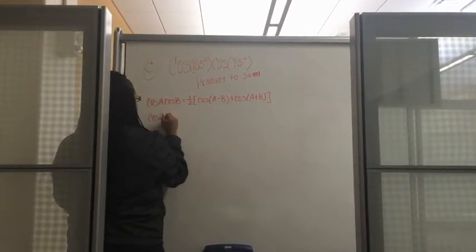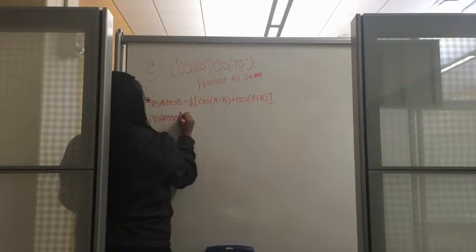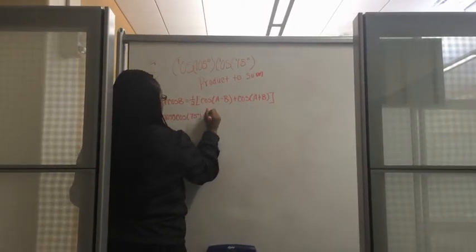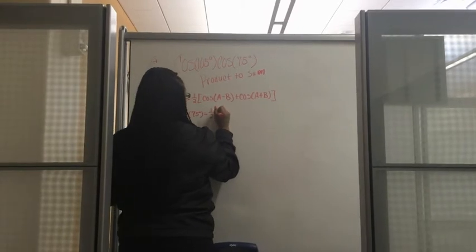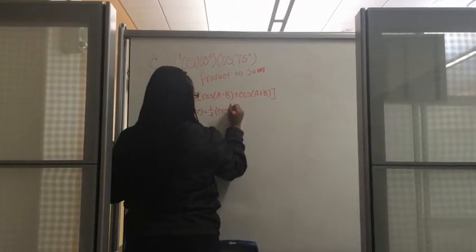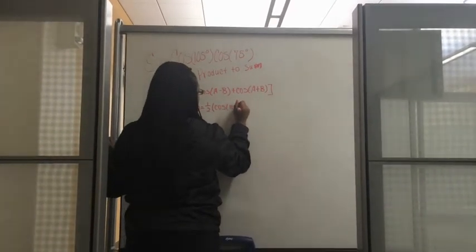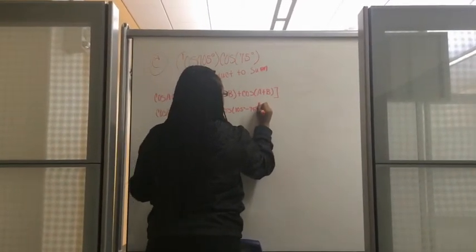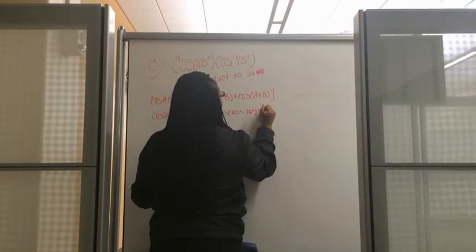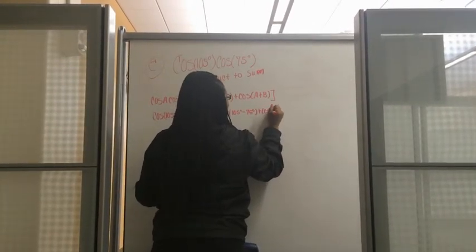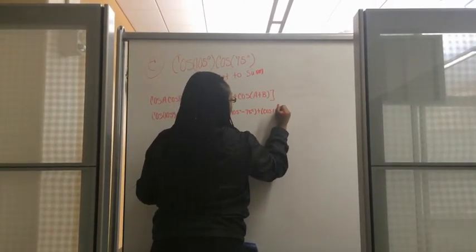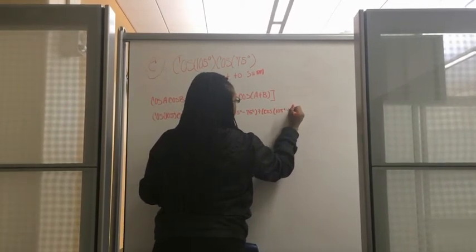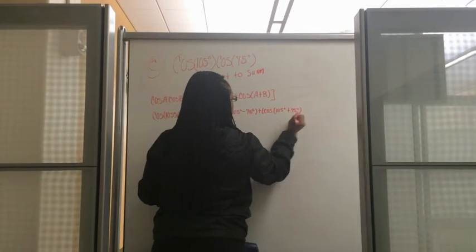So I just plugged it into the formula, which is cosine 105 degrees cosine 75 degrees is equal to 1/2 of cosine 105 degrees minus 75 degrees plus cosine of 105 degrees plus 75 degrees.